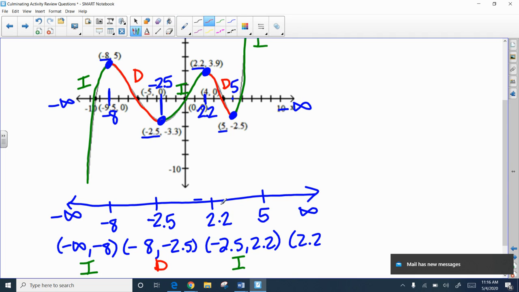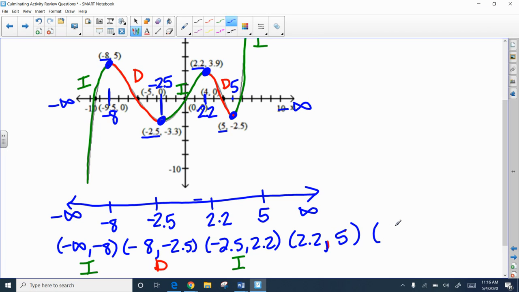I missed this point here. 2.2 to 5. And then our last interval would be 5 to infinity. All right, so we said this little section from 2.2 to 5 is decreasing. And then the last section from 5 to infinity is increasing.